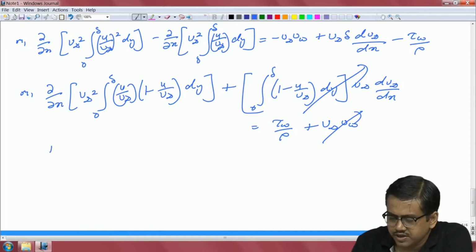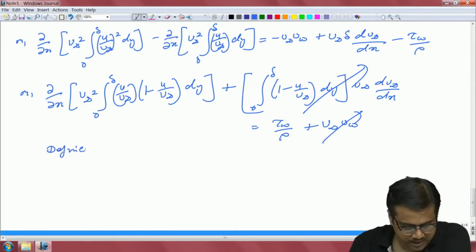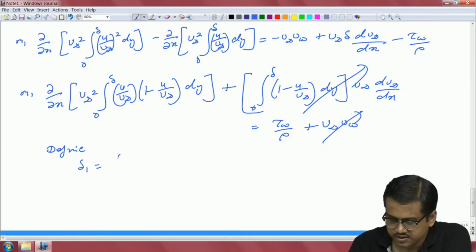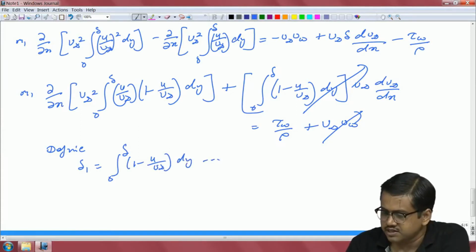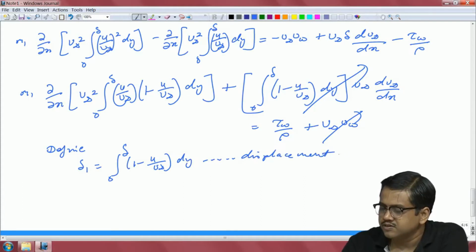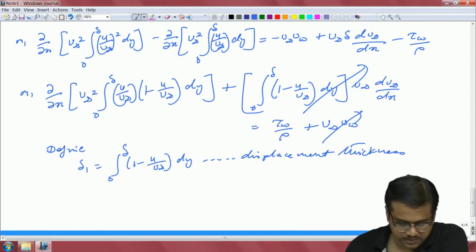Now, based on this we can define basically two parameters, one is called delta 1, which is basically this dy, this has got a name, it is called the displacement thickness, you may have heard about it in your fluid mechanics course, right. So, this is displacement thickness.